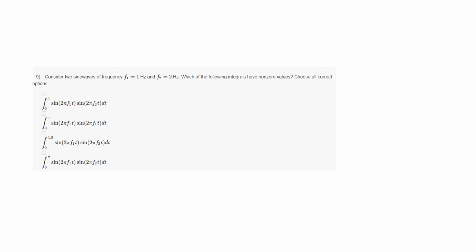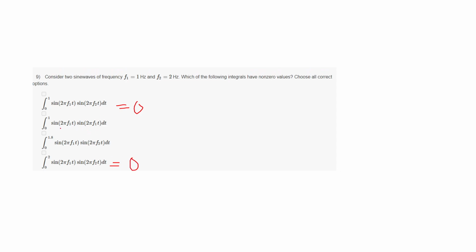It is sine 2 pi f1 t into sine 2 pi f2 t. So when both are different, this will give you a zero value. So that's the formula. Same way here also, irrespective of the range, it will give you 0.